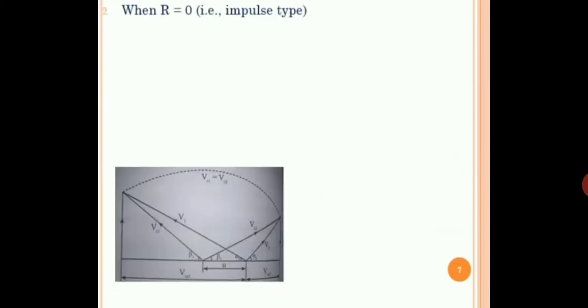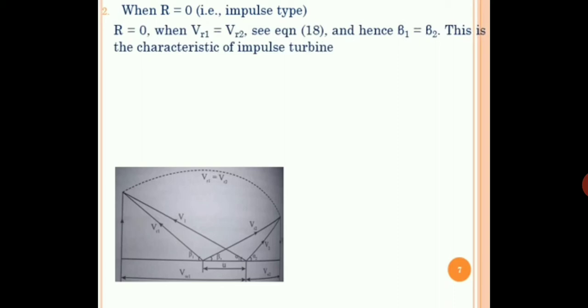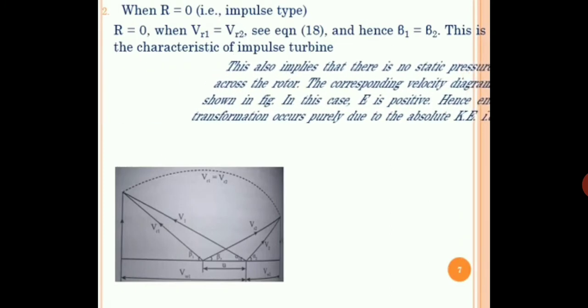Now coming to the velocity triangle for the degree of reaction equal to 0. That is called an impulse turbine. An example of such a turbine is the Pelton wheel turbine. When the degree of reaction R is equal to 0, VR1 is equal to VR2 in equation number 18. Hence the blade angle at inlet is equal to the blade angle at outlet, that is beta 1 is equal to beta 2. This is the characteristic of an impulse turbine.